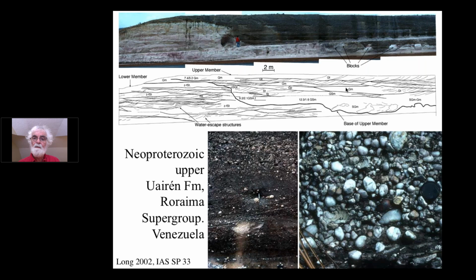Unfortunately, I don't have a lot of architectural element measurements on this because I only had 15 minutes to look at this. But it's largely small pebble grade material, and we can see trough and planar cross beds and massive units within it, as well as a lot of blocks that appear to occur as a result of erosion of this underlying strata.